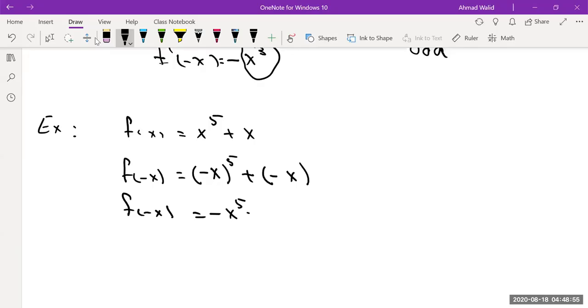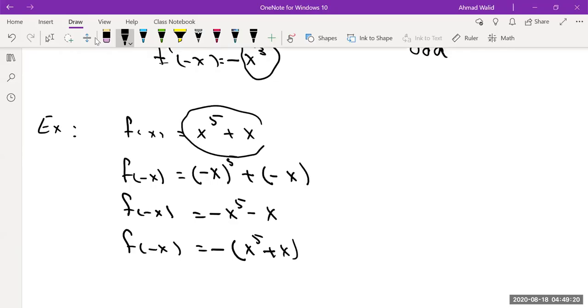Positive times negative gives you another negative, minus x. Look, if here both of them are negative, if I want to take negative as a common factor, it becomes like this. F of negative x equals negative x to the power of 5 plus x. I took just negative as a common.